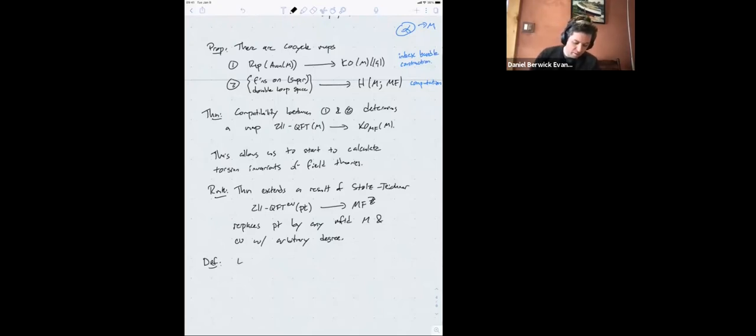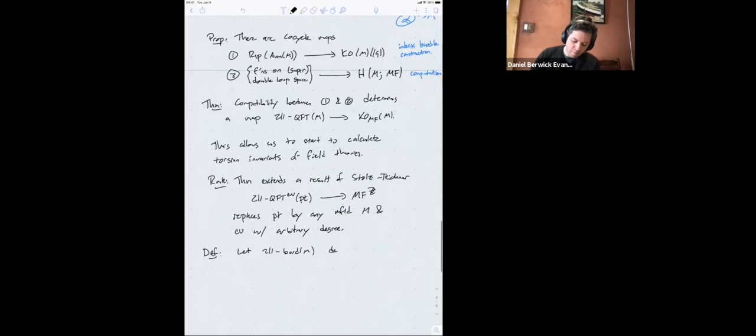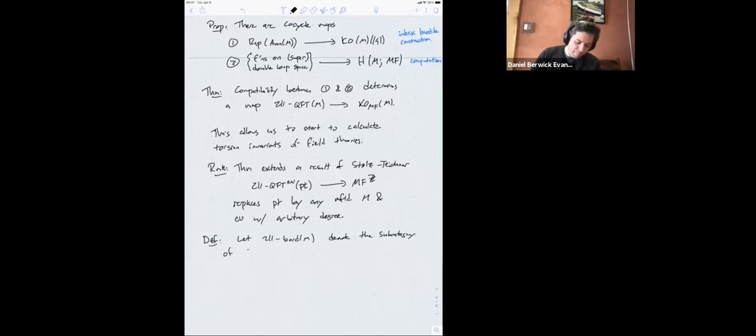So let 2,1 lowercase bord of M denote the subcategory of the capital version generated by tori and annuli.